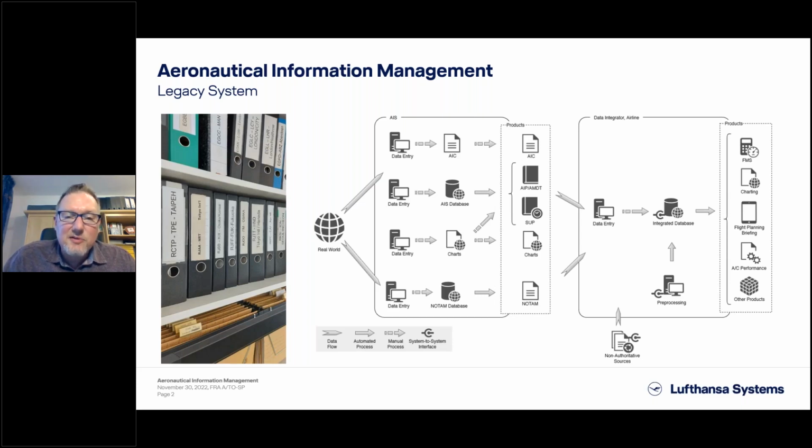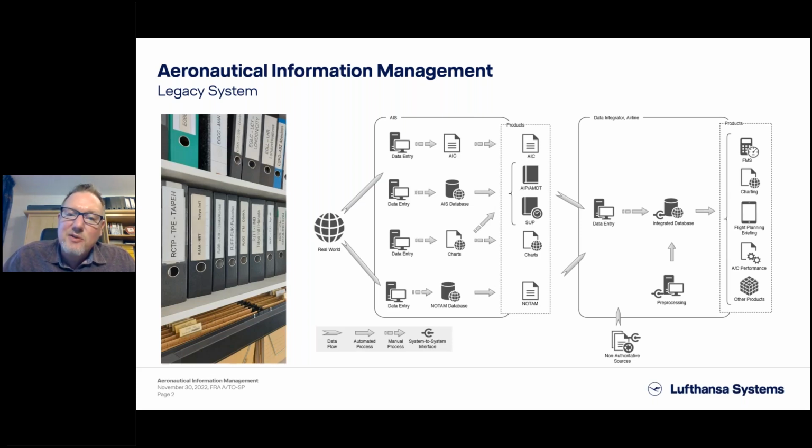So we had a lot of manual data entry, and I can tell you we are still getting a lot of AIPs, aeronautical information publications, that are still Word documents, more or less. So it's not really streamlined.